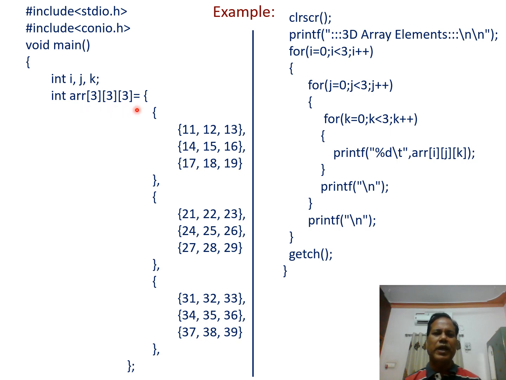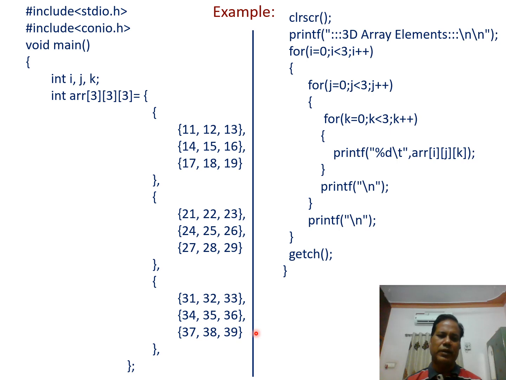So this is a three-dimensional array declaration, and after the assignment operator, the elements of the 3D array are initialized, as shown here. Within the open and close braces, here the first 2D array is written, then this one is the second 2D array, and this one is the third 2D array.